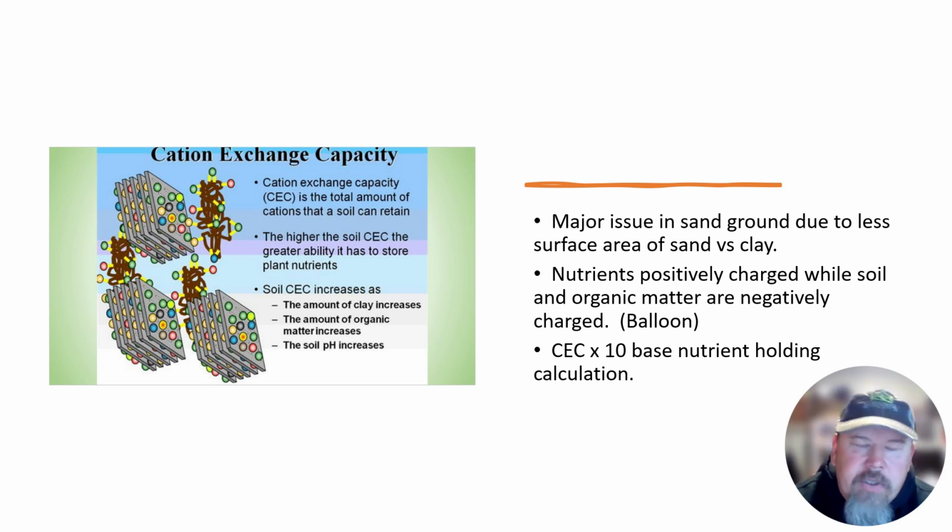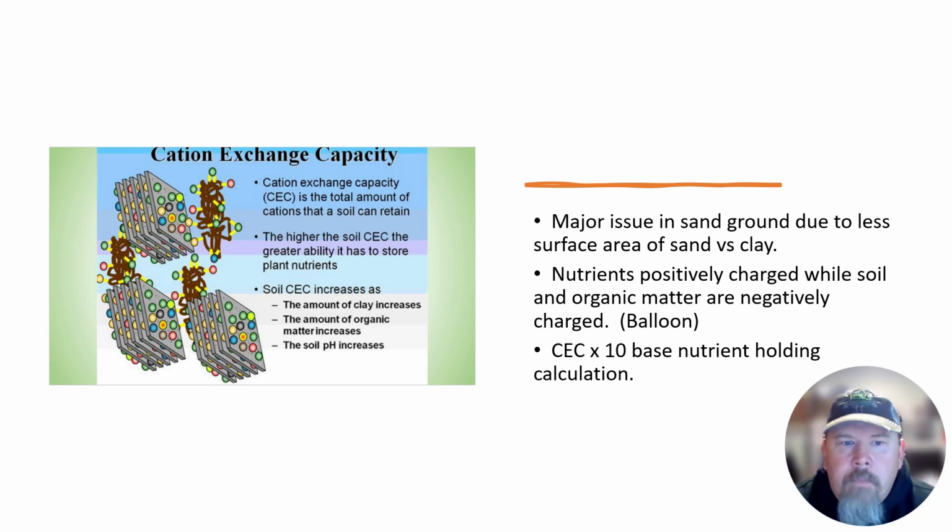Just like we just talked about with the pH having an effect on how many nutrients are going to be able to be taken up by the plant, CEC is going to tell you how much that soil is going to be able to hold those nutrients in the root zone.